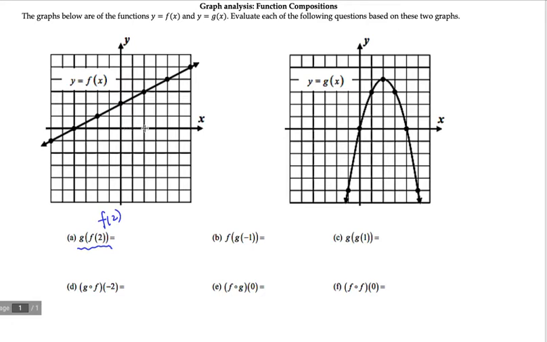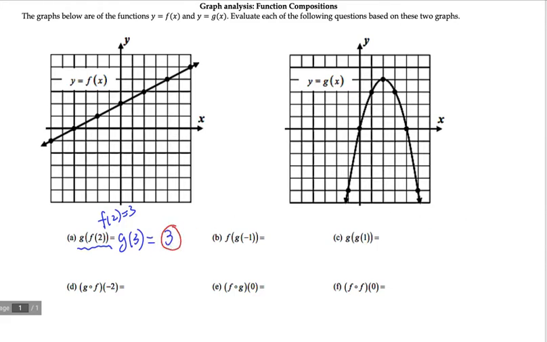So 1, 2. And then the graph is above the x-axis, so 1, 2, 3. So this is 3. That means g of f of 2 is equivalent to g of 3. Since this is g of 3, I'm going to work on this graph: 0, 1, 2, 3, 1, 2, 3. Okay, so the final answer is 3 for this one.